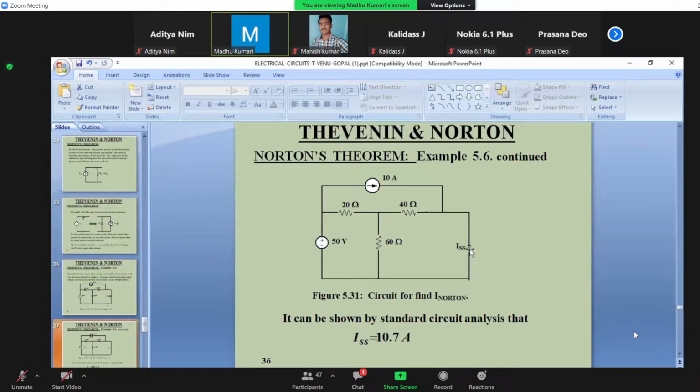That will be the Norton's current source, I_SC equal to I_N.